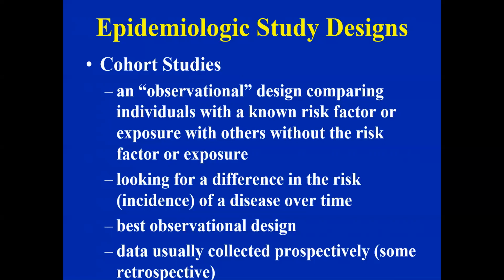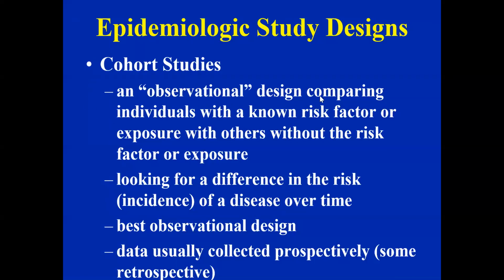The difference between case control studies and cohort studies is that we select our study participants based on exposure status, and we then follow them up and look for the difference in the risk, the incidence of a disease over time.